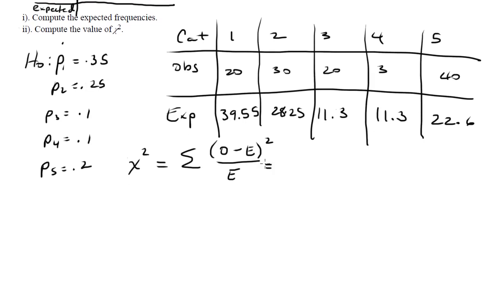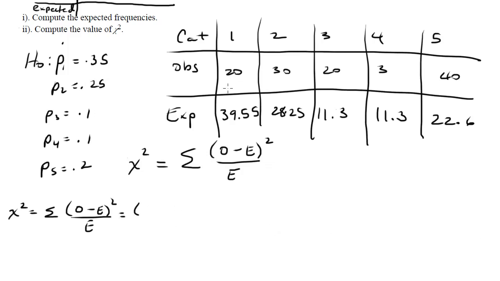So, let me rewrite this formula over here to have more space. The sum of the observed minus the expected squared over E. I'm going to show this by hand, and then I'll show it with the calculator.